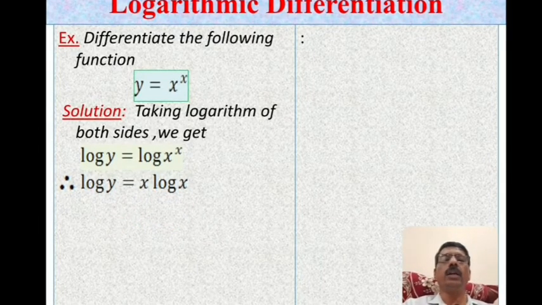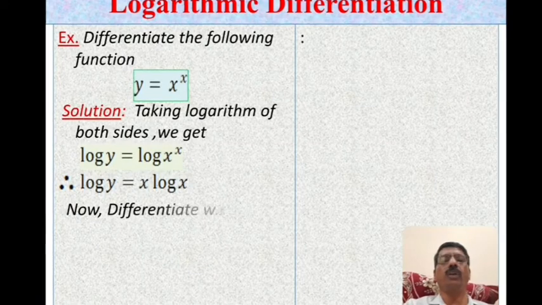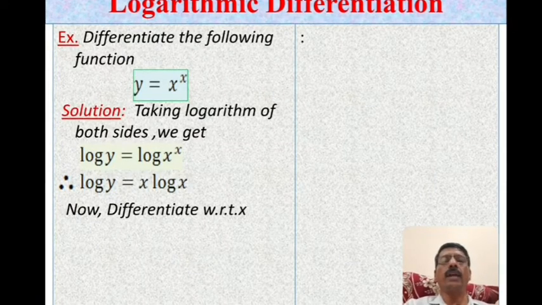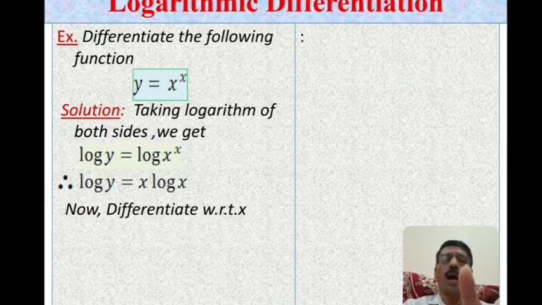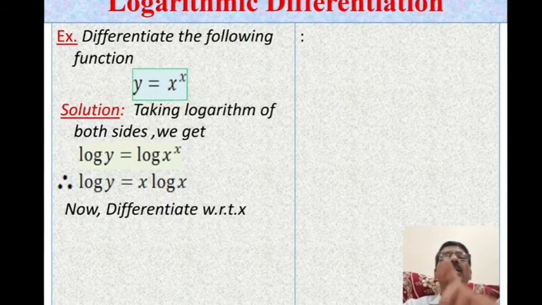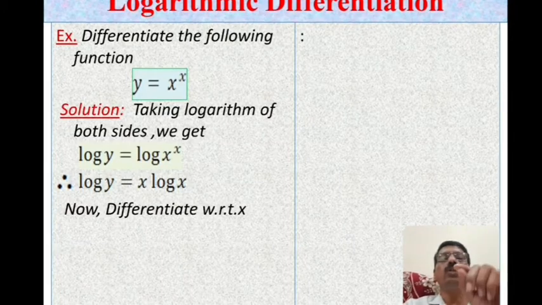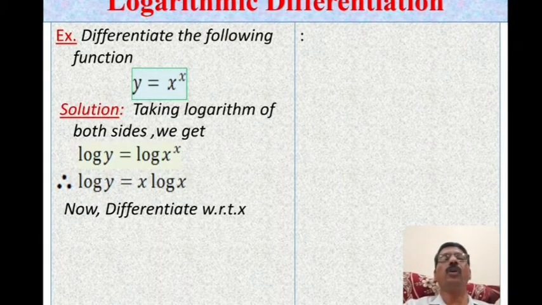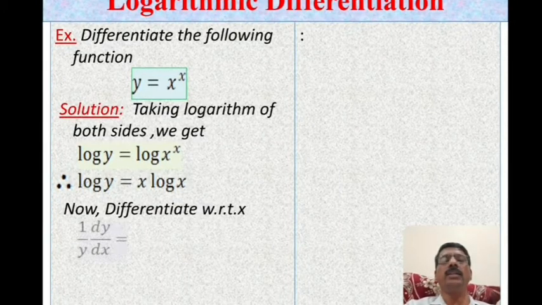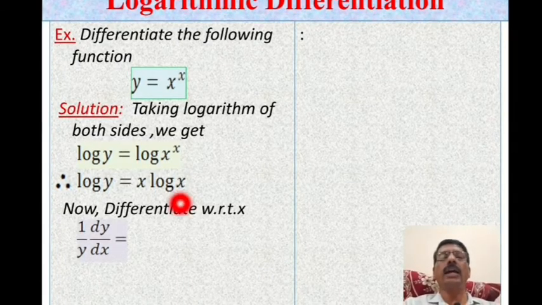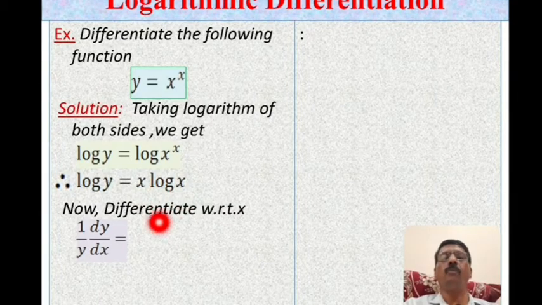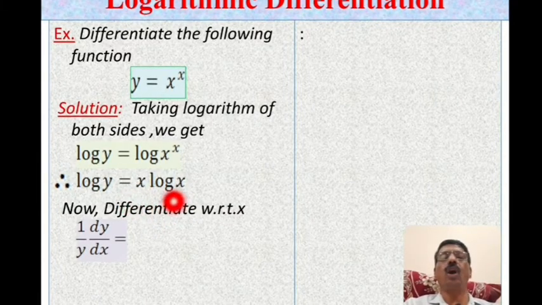Now taking the derivative of both the sides of the given function. We know, as already discussed by the chain rule, that the derivative of log of y is always equal to 1 upon y into dy by dx, and therefore the derivative of left hand side is 1 upon y into dy by dx equal to, again in the right hand side the given function is in product form, that is x into log of x.